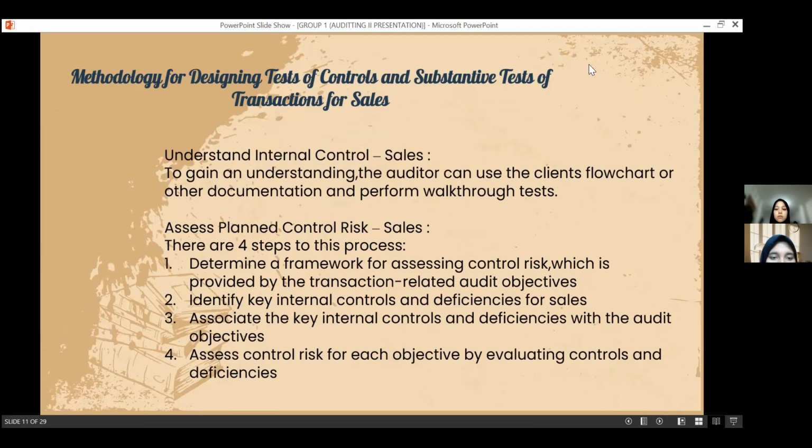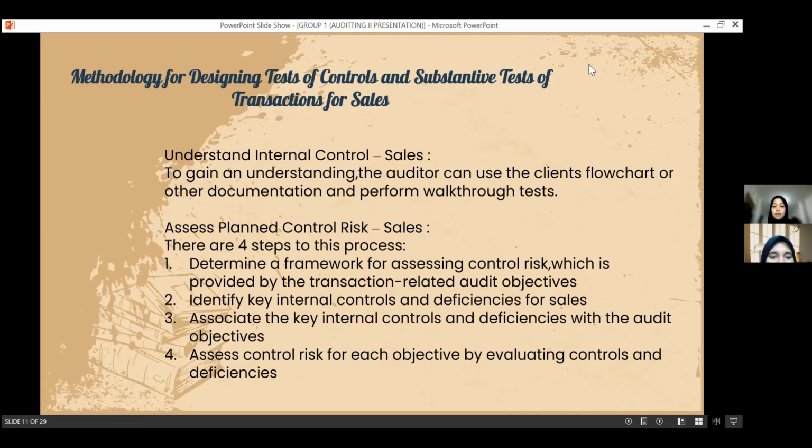Assess planned control risk for sales. There are 4 steps to this process. First, determine a framework for assessing control risk, which is provided by the transaction-related audit objective. The second, identify key internal control and deficiencies for sales.